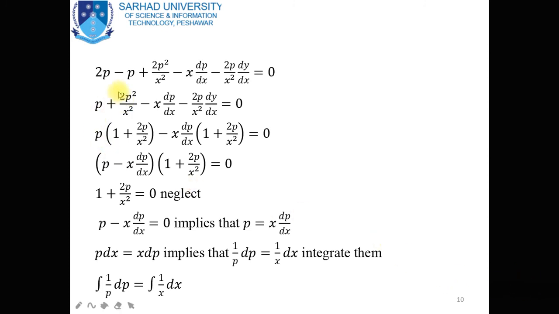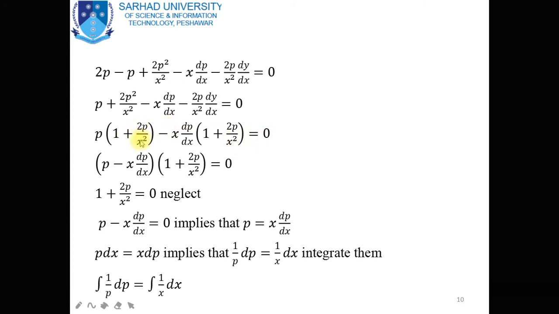Subtract p from this 2p, we obtain p. Now from these two terms taking common p into 1 plus 2p by x square, and from these two terms taking common minus x into dp by dx, so minus x into dp by dx into 1 plus 2p divided by x square is equal to 0.